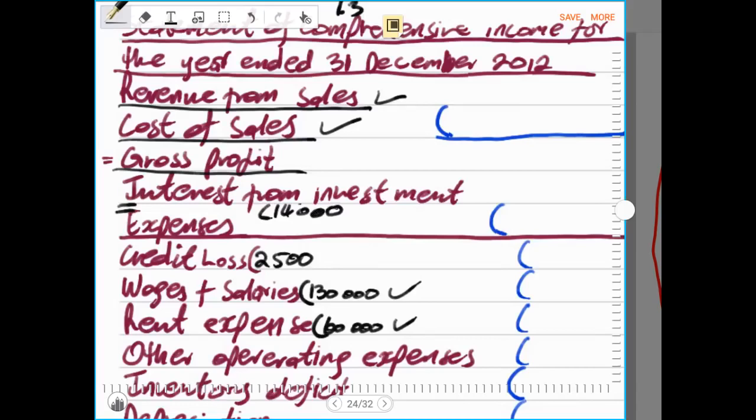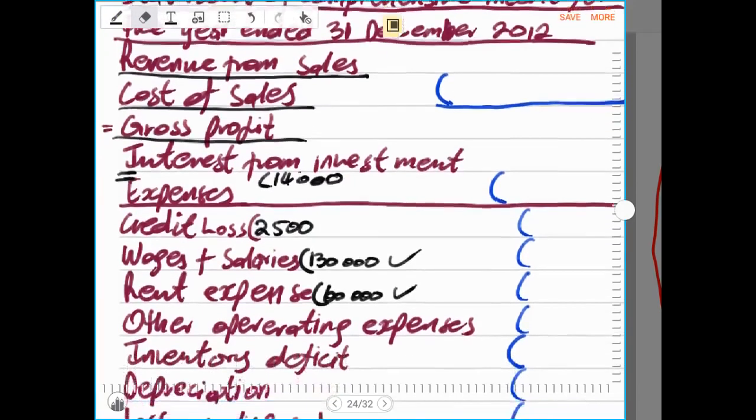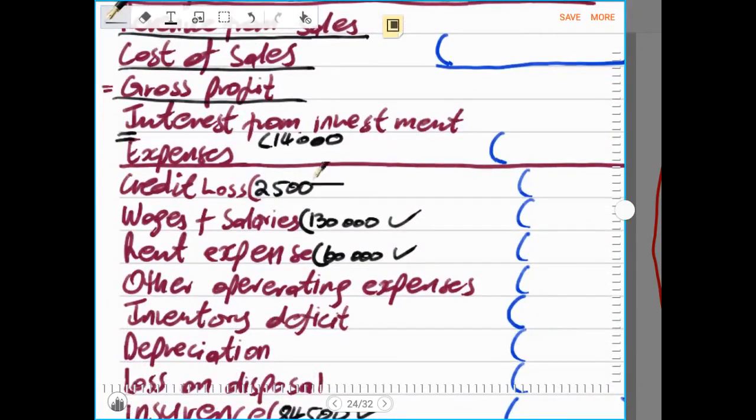Then after we come to expenses, and when we come to expenses, I always also recommend that students must write the amounts as they are given in the trial balance. The 2,500, the 130,000 rands, and the 60,000 rands are the amounts of the expenses that were already given in the trial balance with regard to credit loss, salaries and wages, and the rent expense.